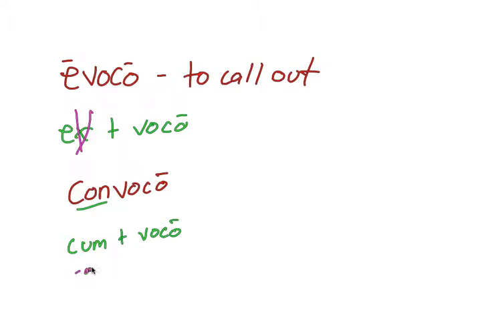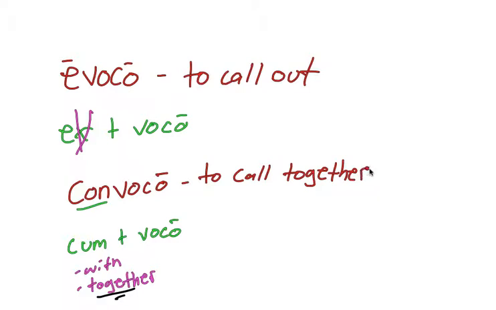I mean, cum of course means with, but in compounds it usually means together. Okay, so that's important to note. So convoco is actually going to mean to call together.